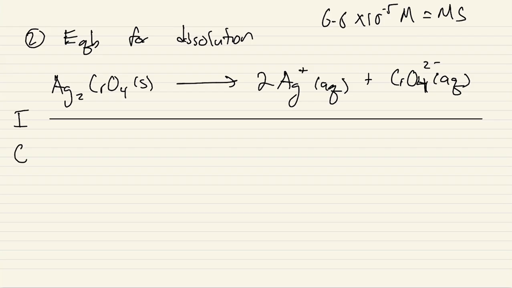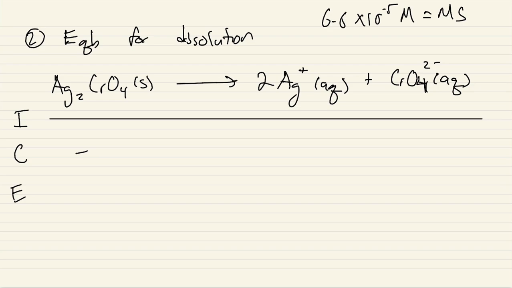So the change, and then the equilibrium concentrations. What about solids? We don't worry about the solids at all. Technically there'd be a minus change because we're dissolving the substance.